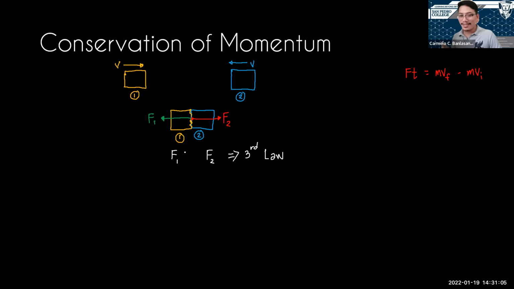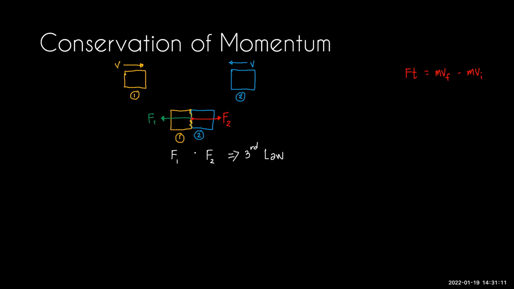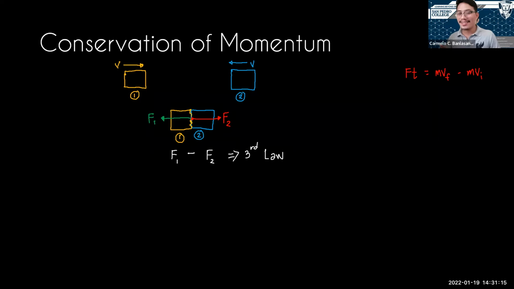Okay, very good. So that means we can say that force 1 and force 2 are just equal. They follow? But since force 1 is directed to the left, we just put a negative sign. Oppositely directed reaction. Yes, so that's the third law. I hope you still remember the third law.